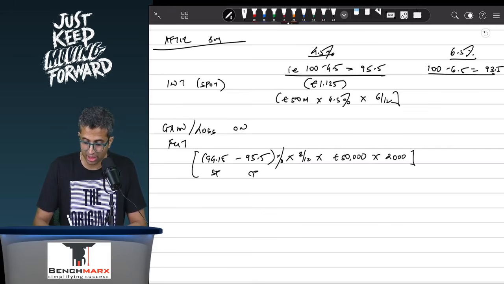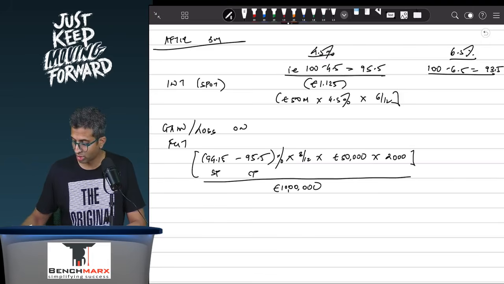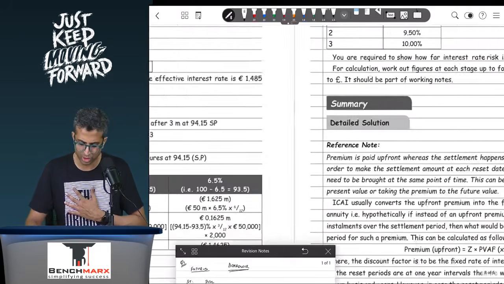Now this will give you the answer in full values. If you want it in million, you will divide this by 10 lakhs to get your answer in million. So over here, this is 94.15 minus 95.5 in percentage into the rest. I can just skip the calculation and focus on the essence.